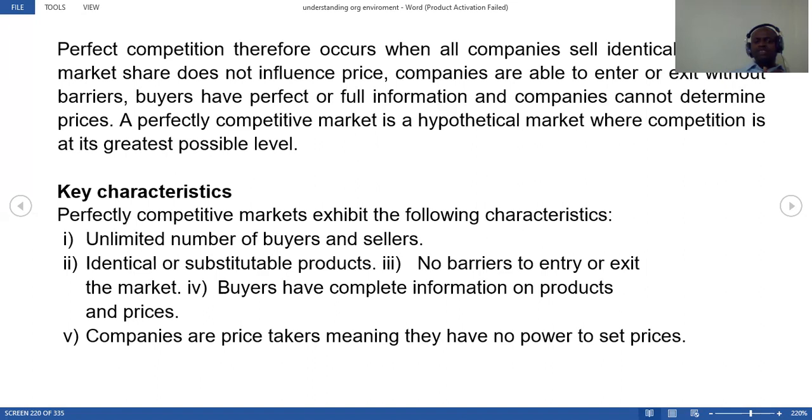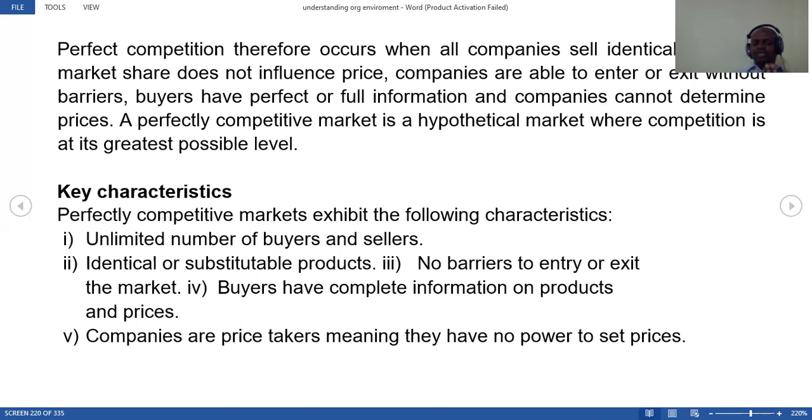Then we also have identical or substitute products. So in this market, we have a lot of substitutes, and therefore customers can easily switch from one supplier to the other, regardless of the price.